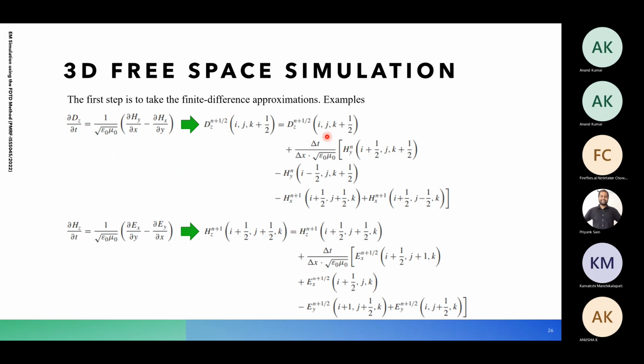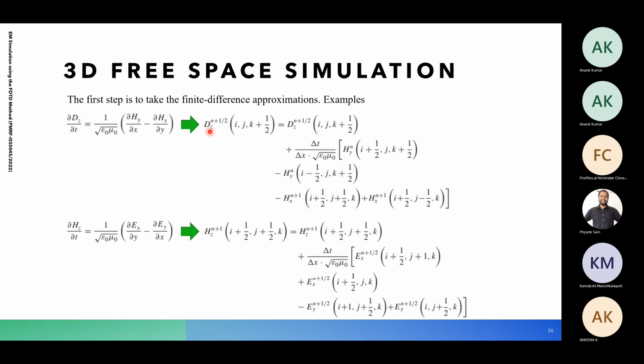Now again, taking the finite differences, I believe everybody is now very comfortable with taking the finite difference approximation. On the left hand side we have Dz, which is a derivative in time. So taking a time derivative, this del t will become a delta t, and multiplying it on the right hand side, and then again taking the finite difference for Hy and Hx in terms of space, you'll get the final update equation.